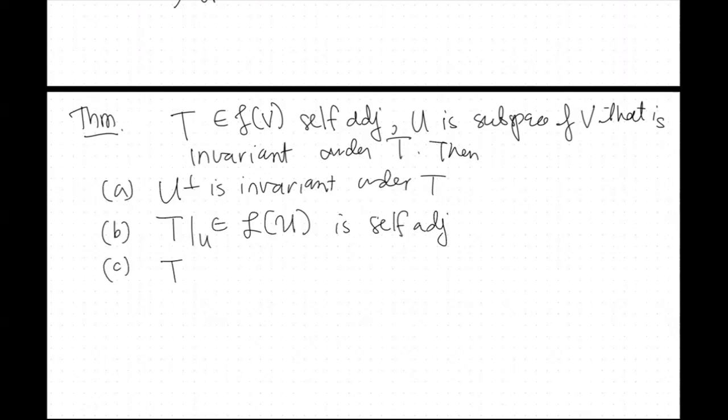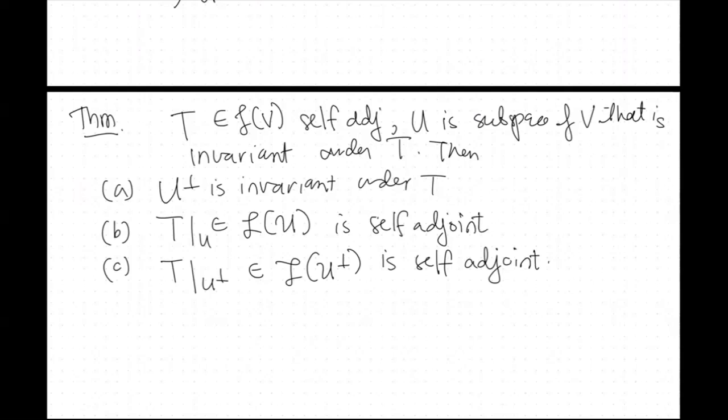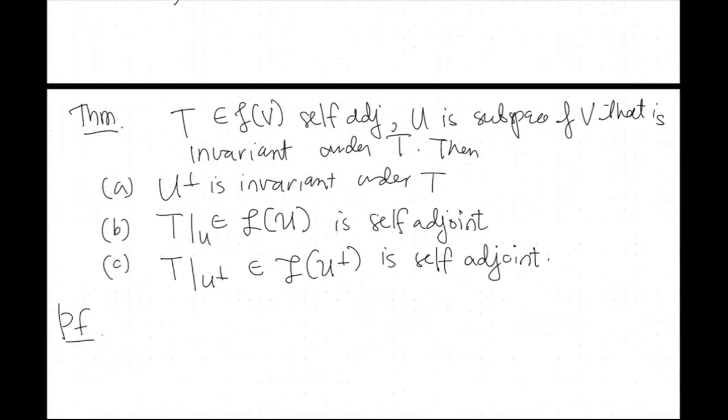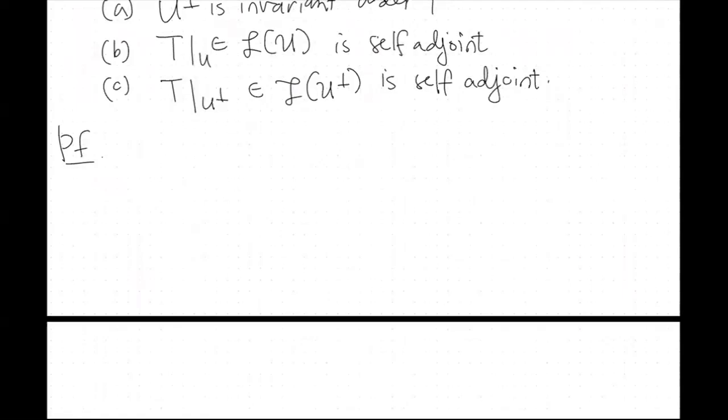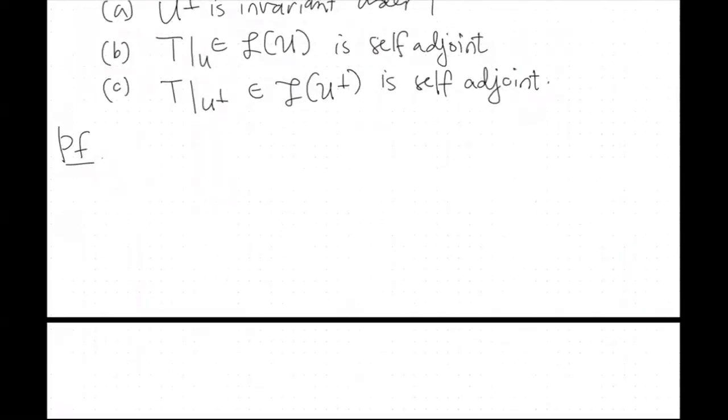And C, T restricted to U perp is a self-adjoint operator on U perp, or the orthogonal complement of U. I will prove the first one, and the rest will be left. So we will prove A.